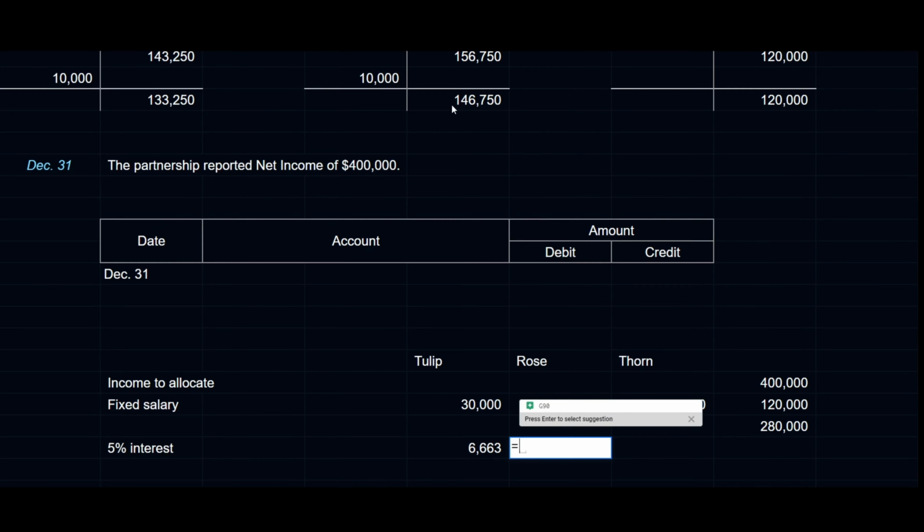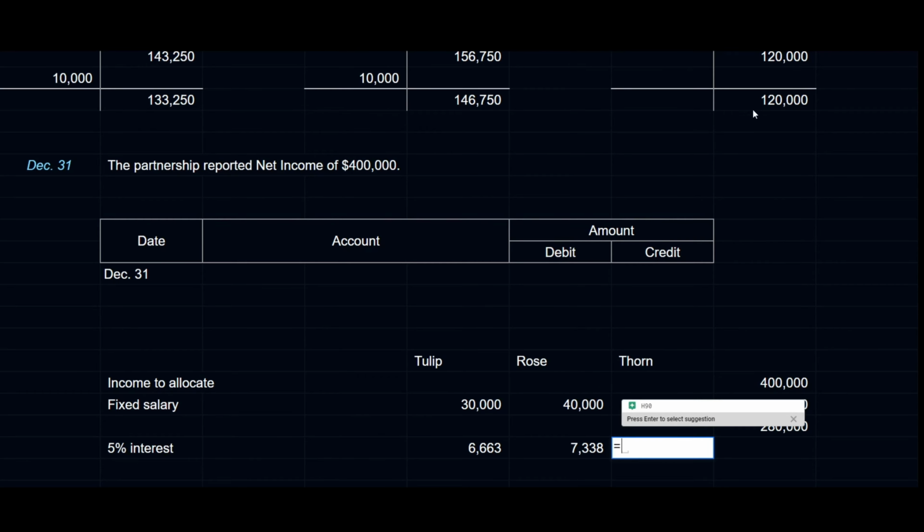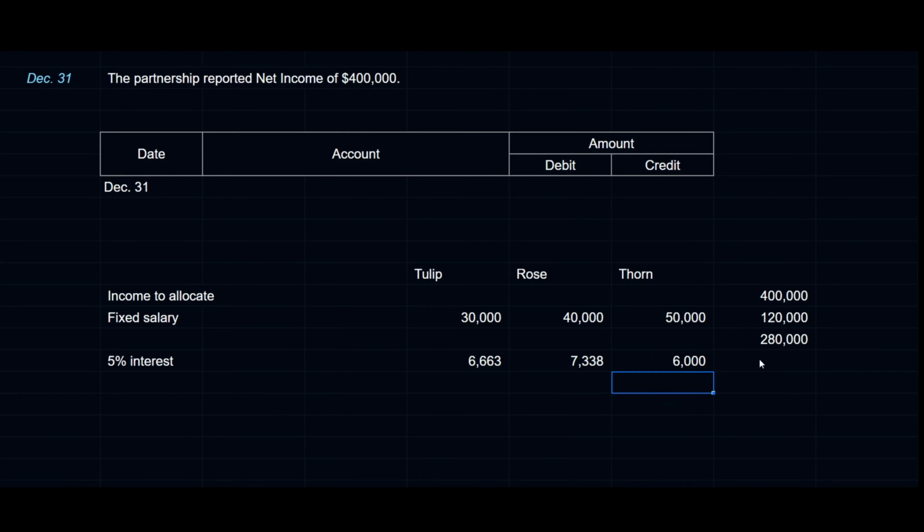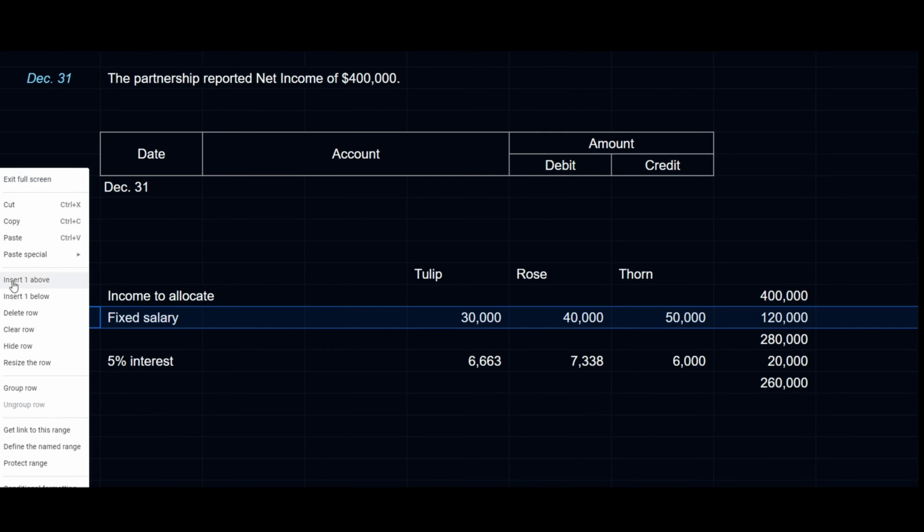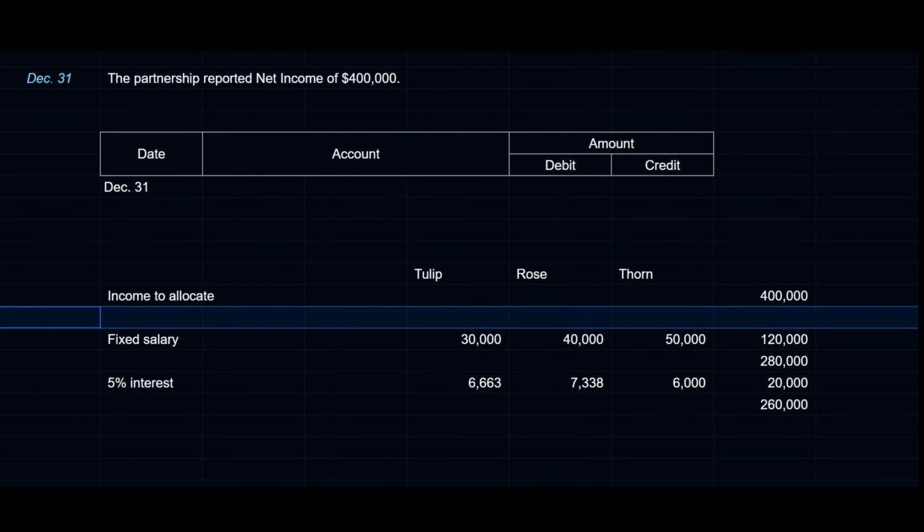Rose's ending balance was 146,750. And Thorn's ending balance was 120. We can sum these amounts across as well. And so now the amount left to allocate is 260,000. I'll put some space in here so it's a little easier to read.